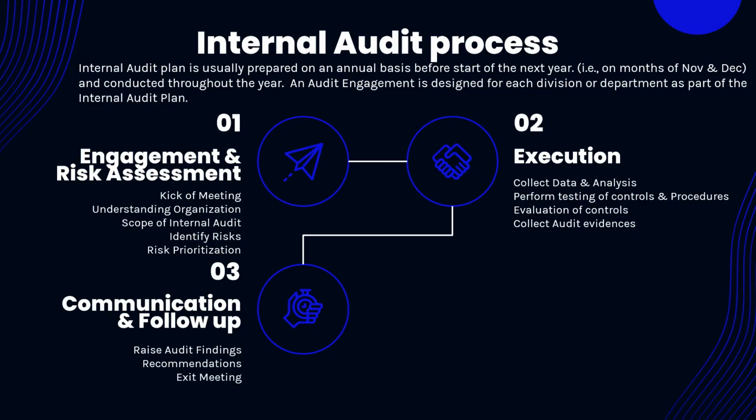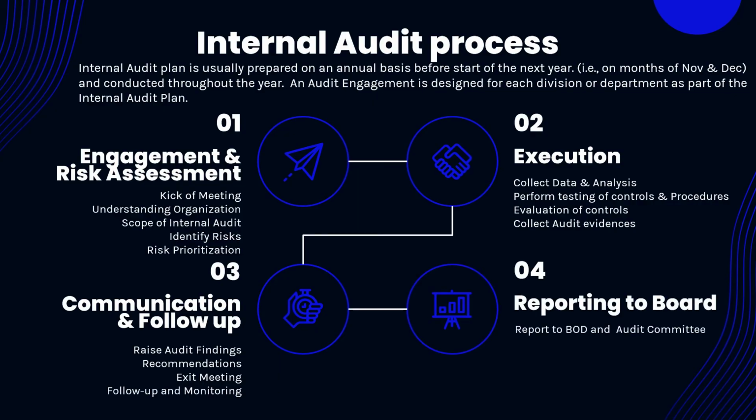And once the follow-up procedure has started, the exit meeting is also scheduled, and the exit meeting is done with the management, and that will conclude the third stage of the internal audit process.